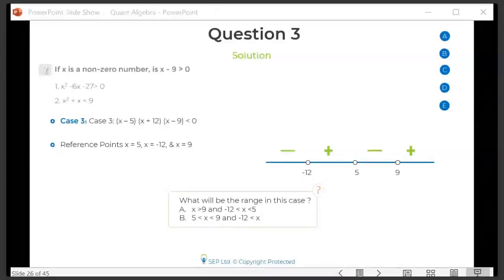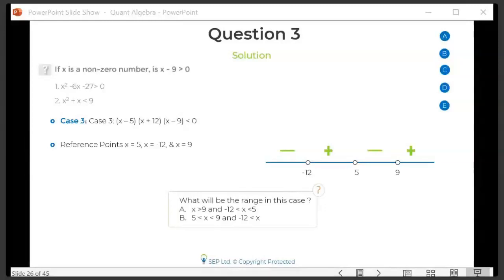What do you think will be the answer? Mark it in the poll. Will it be A or will it be B? Okay, I can see a few responses. Anyone else wants to mark the answer?